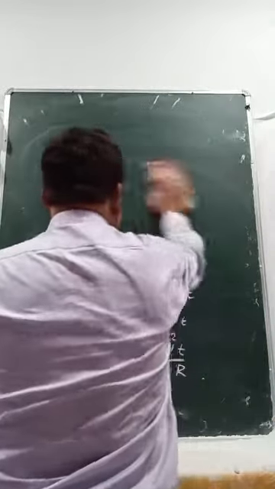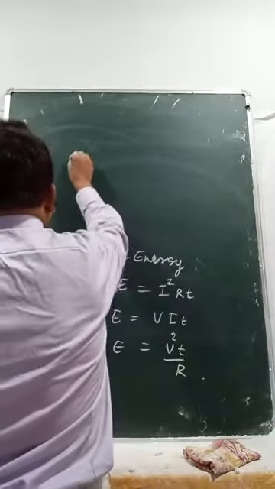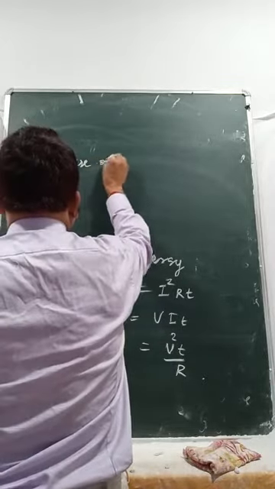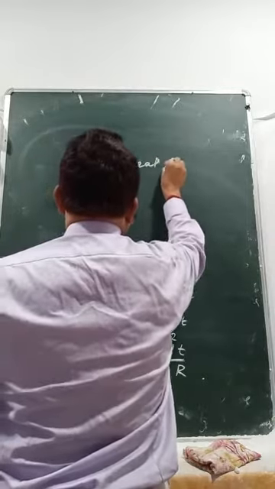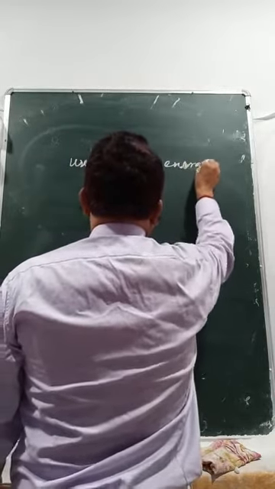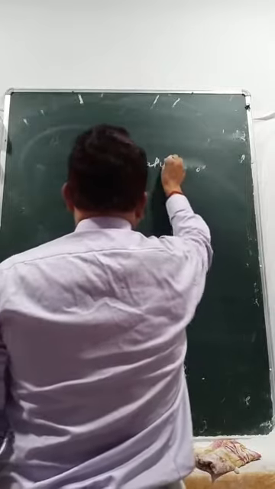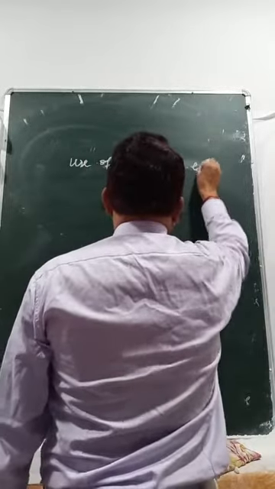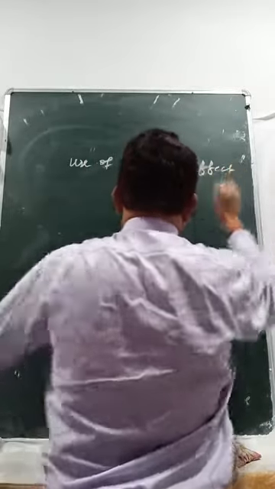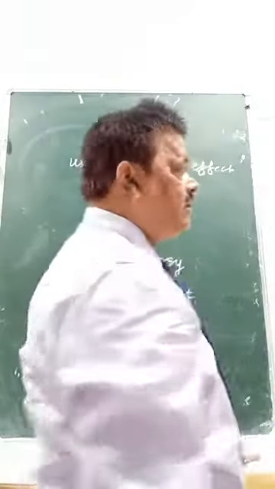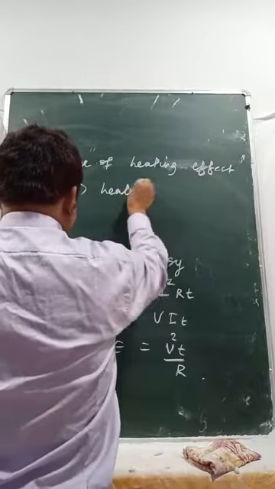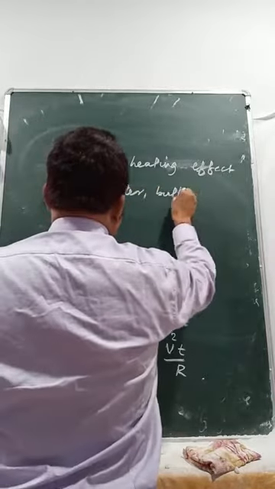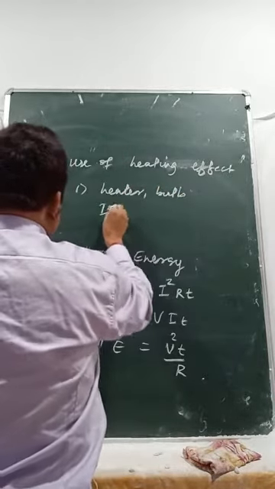Where is the use of heat energy? Use of heating effect. Where is this heating effect there? It is used in heater, bulb, iron, electric iron.